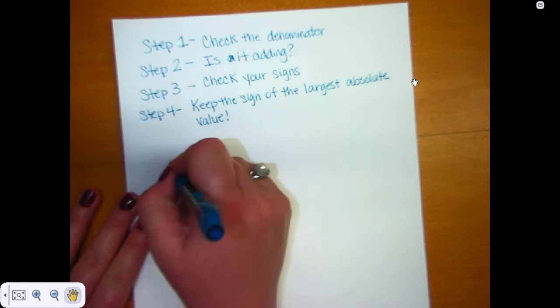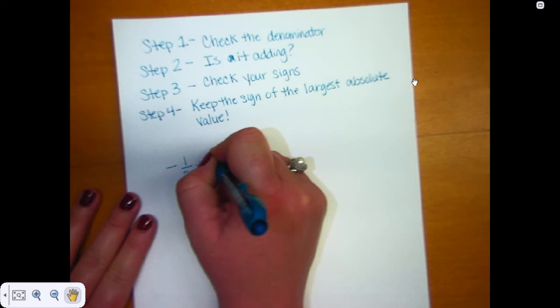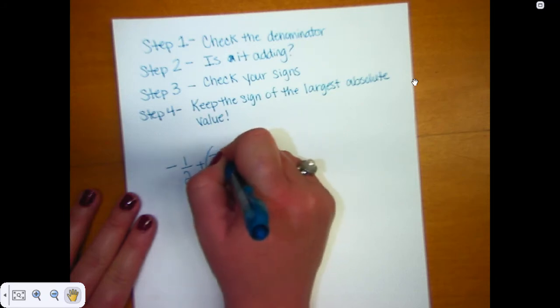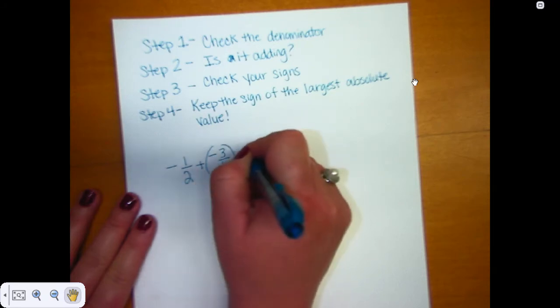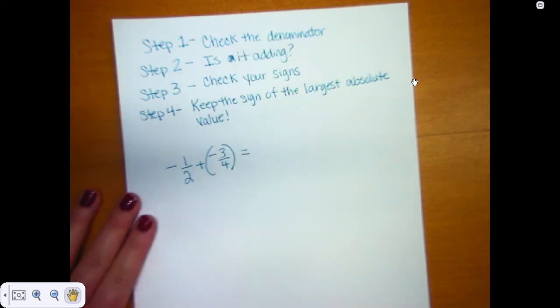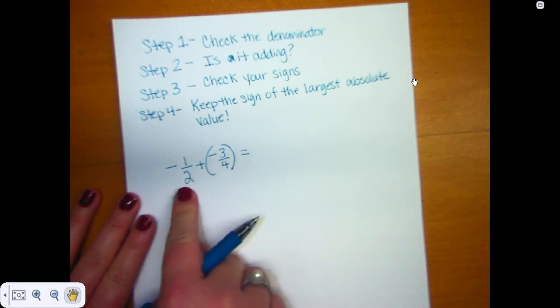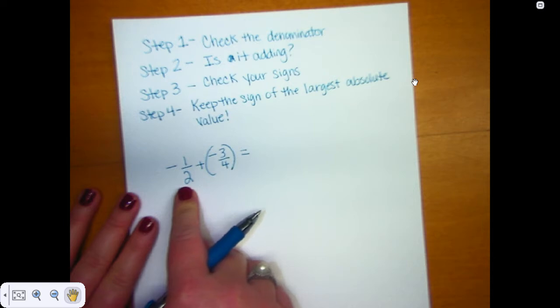If we have negative 1/2 plus negative 3/4, the first thing I'm going to do is check my denominator. Are my denominators the same? They're not the same, so that means I need to find a common denominator.